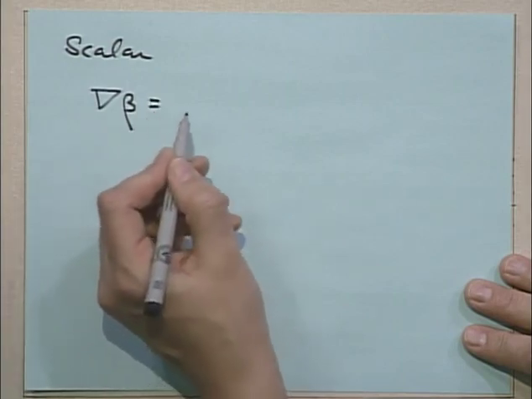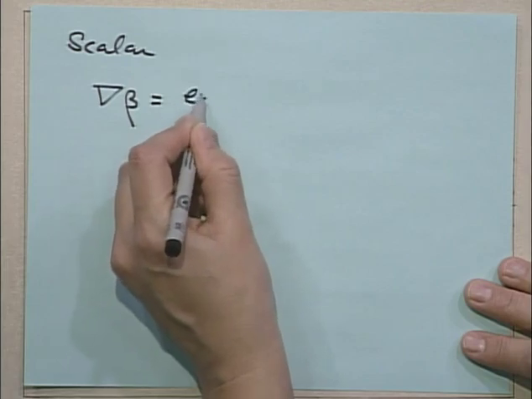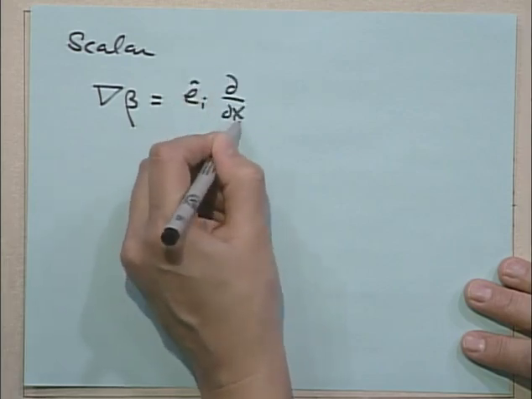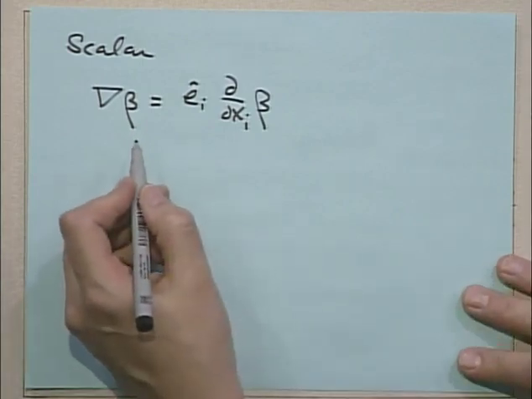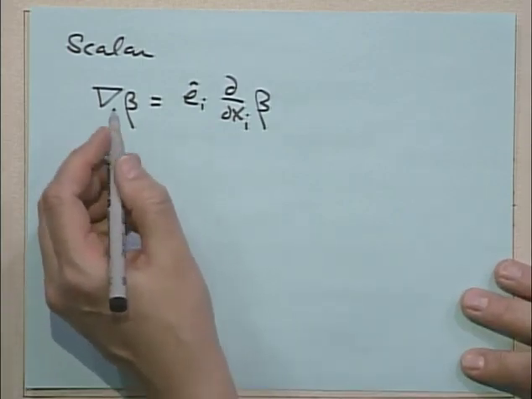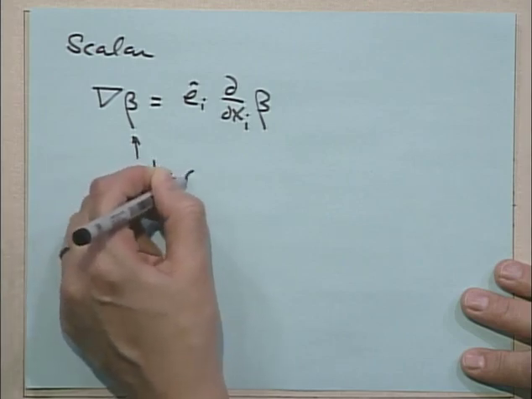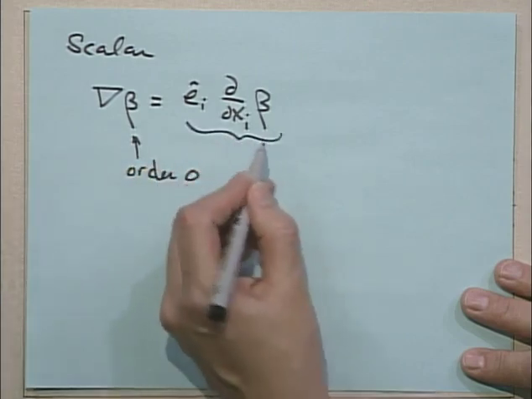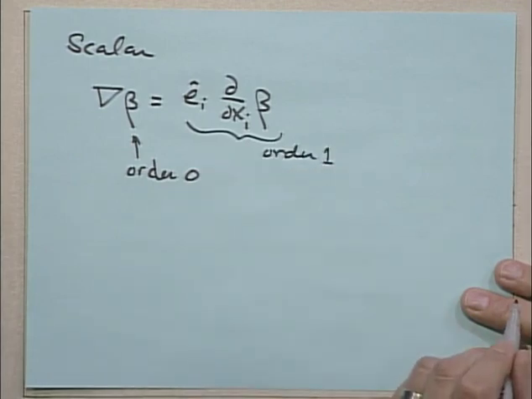And in Einstein notation, we write e_i d by dx_i of beta. So as I said before, we are increasing the order. Beta was a scalar, of order 0, and now it has become a vector, order 1.